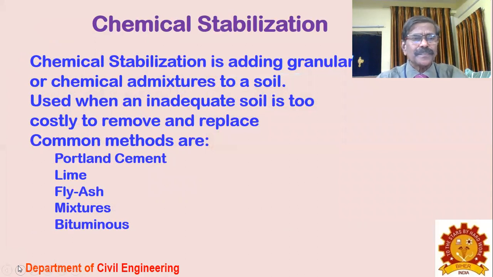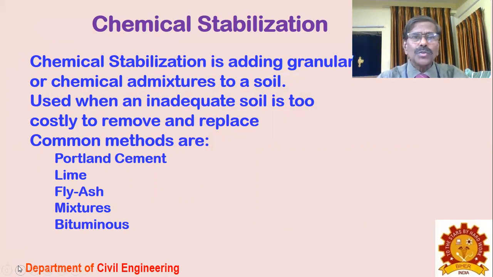Chemical stabilization is adding granular or chemical admixture to the soil, used when an inadequate soil is too costly to remove and replace by the common methods. Suppose soil is abundantly available and spreads over a very big area. Then you have to treat the soil with some chemicals to make use of it as a foundation material.